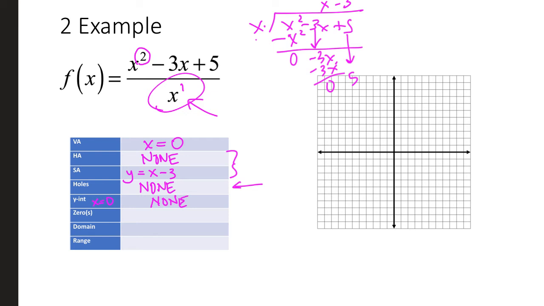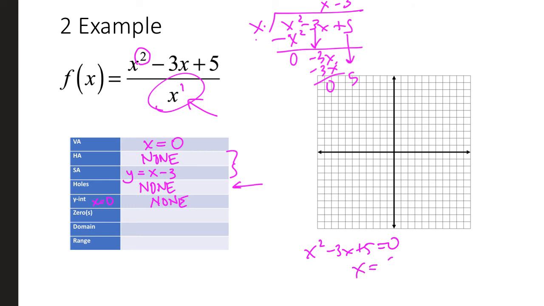Okay, the zeros are based on the numerator. In other words, what would make the numerator equal 0? So let me see. X squared minus 3x plus 5 equals 0. Man, it would be nice if that factored, but it doesn't. So the way to solve that is with the quadratic formula.